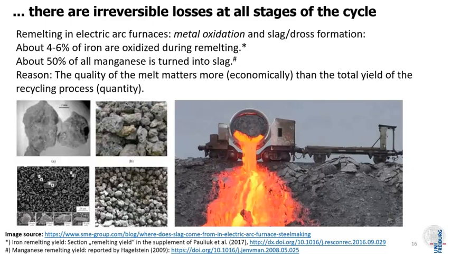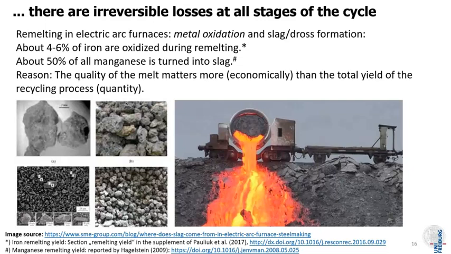We also have remelting losses. Once you heat up the steel to more than 1500 degrees, there is some oxidation of the steel going on. That's unavoidable. Typically, about 5% of the iron are oxidized during the remelting process. For some alloying elements that are less noble than iron, it's even more. And the reason is that the quality of the melt matters more than the total yield of the process.